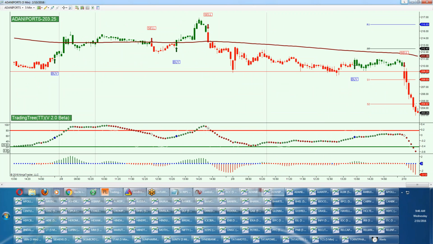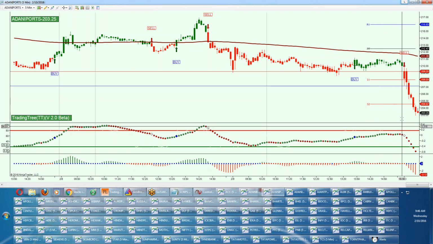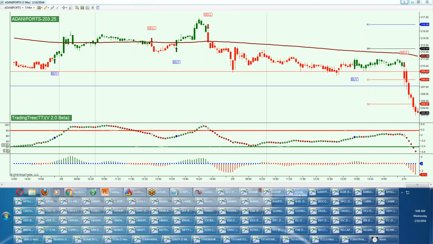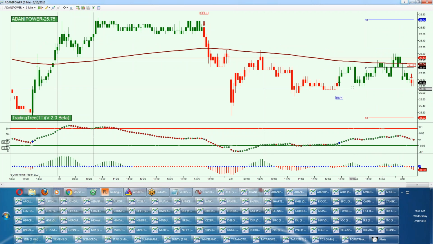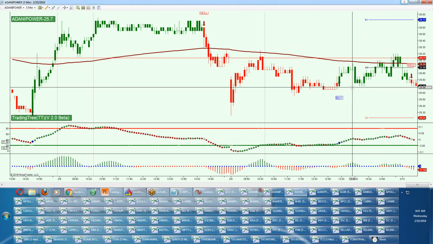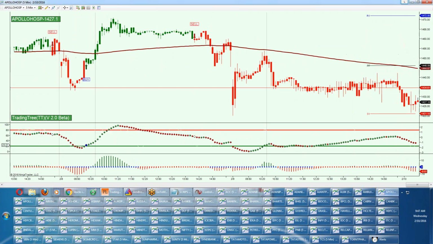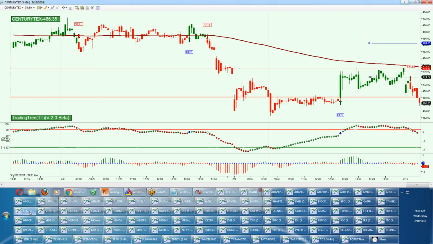So this Adani Ports, the call got generated at 9:20, and your entry price is here, 207, and now it is at 203.25. So Adani Power, let's place the trade here, 25.65. So Century Textiles is in profit.